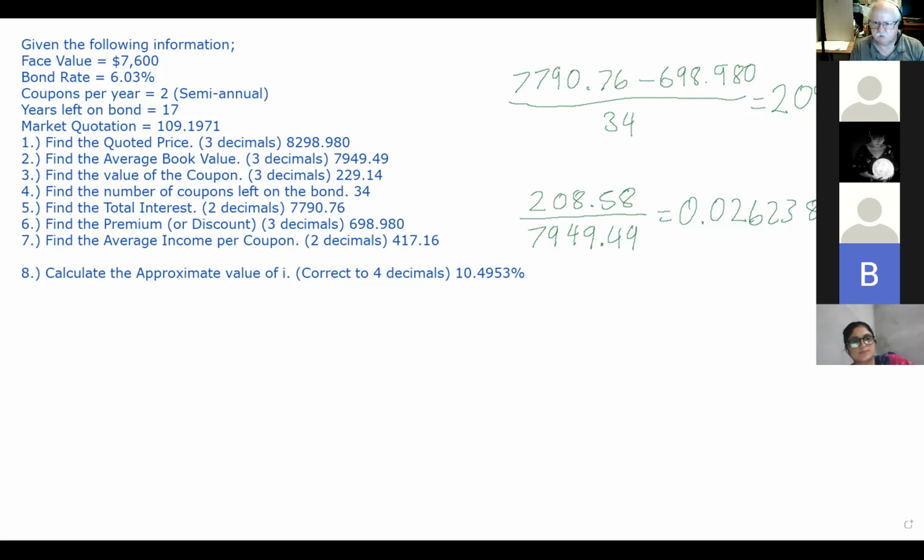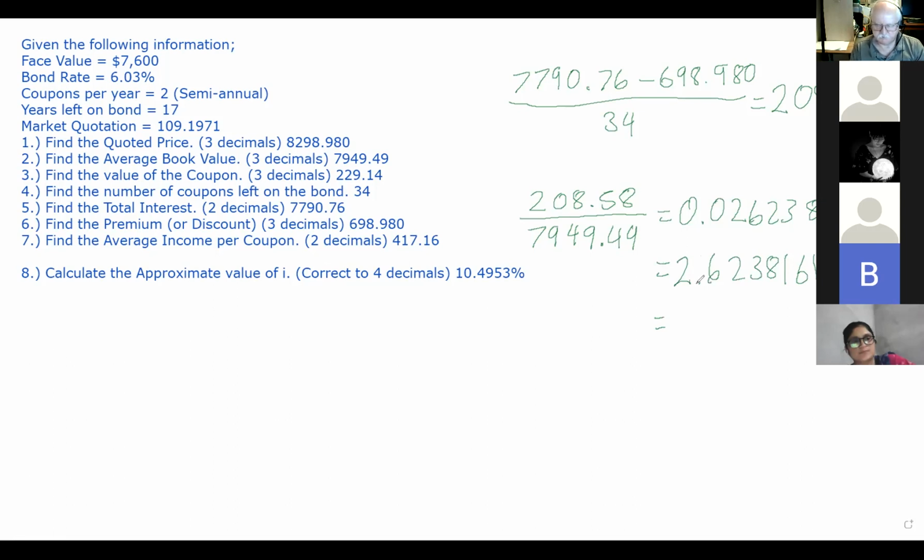And we're going to go times 100 to turn this into a percentage. And that gave me 2.623816119. And because this was semi-annual, we did times 2.